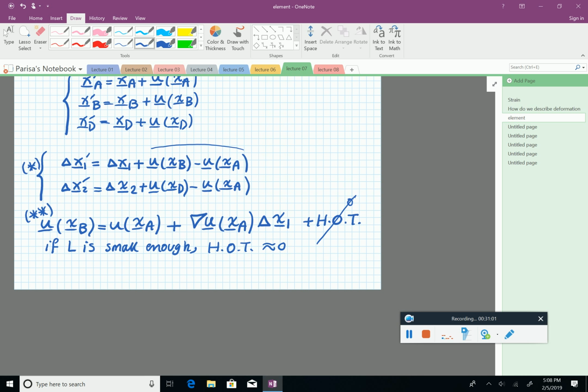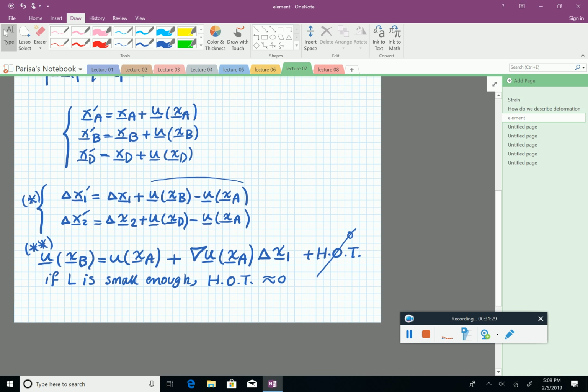We'll get there to formalize this a little bit more. I didn't say that L prime is small, but maybe I should have. Later I will tell you that everything which is valid here is only valid if the gradient of displacement is small, which implies that L prime will be small. So L and L prime are both very small, but we'll get there a little bit later. Everything we are talking about is small deformations in this class.